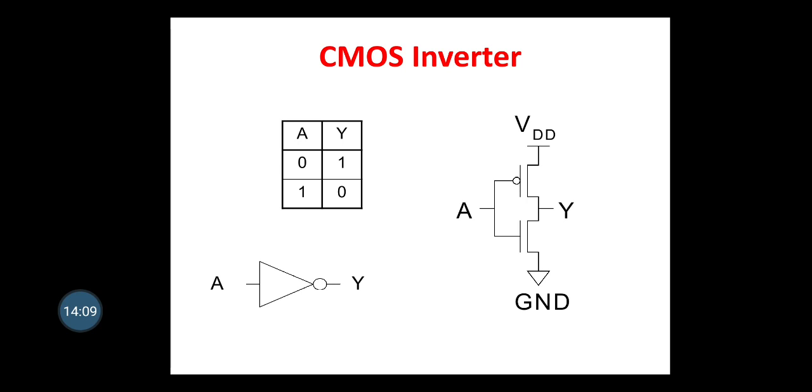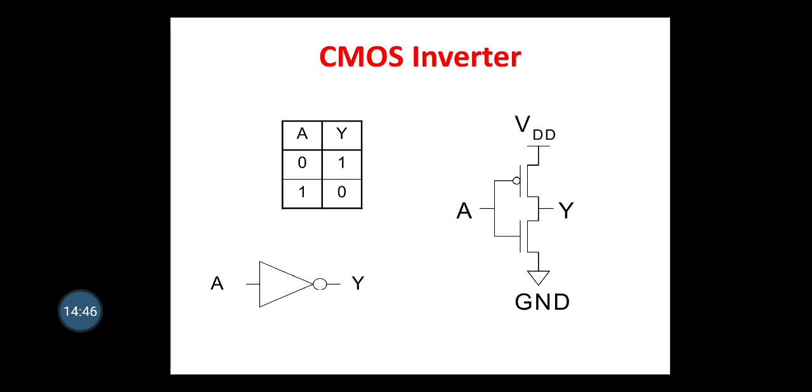Now this is the diagram of the CMOS inverter, as you can see here. So NMOS and PMOS are there, and both the inputs are connected together to form the single input A, and the output is shown as Y. So the upper PMOS has the VDD connection, and the lower NMOS has the ground connection as shown.